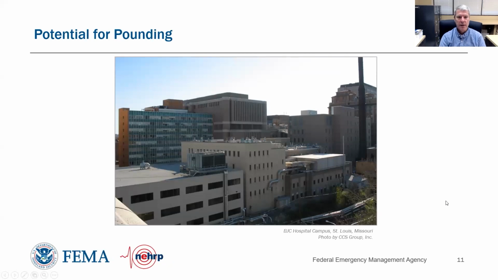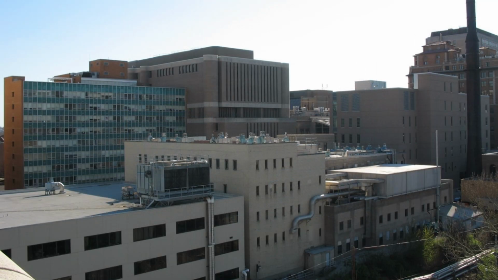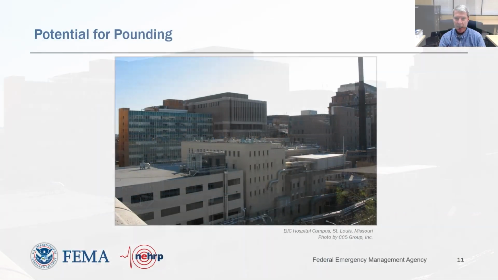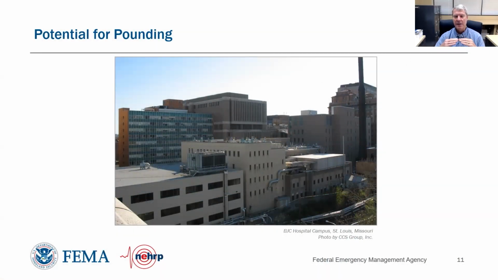And so this picture here shows a hospital campus in the Midwest, where all the buildings are such that they're right up against each other, and there actually is horizontal mobility between each of the building sections. This is the Midwest.